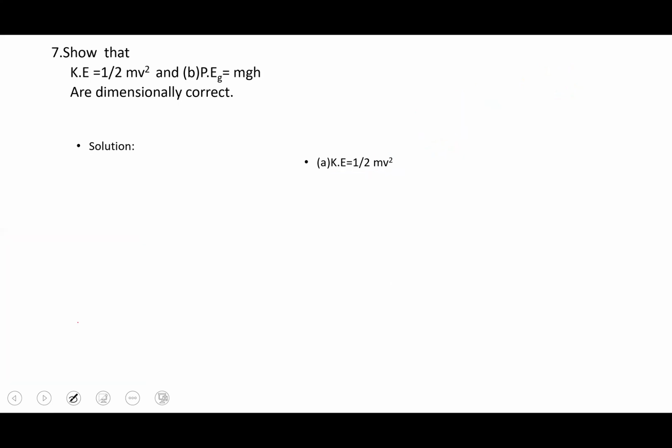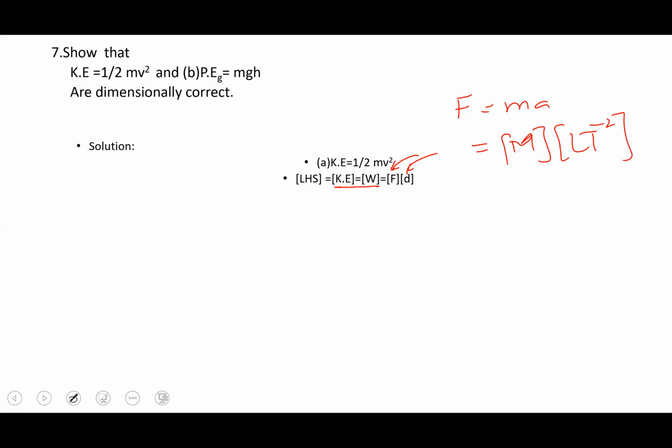Now in this case, we are comparing it to work, and work is equal to force into displacement. So we know the dimension of force, as force is equal to ma, according to the second law of Newton. So m will be mass, a will be L T minus 2. So this is the value of F, and D basically is representing the length, so it is L. Combining them together, it will be M L square T to the power minus 2.